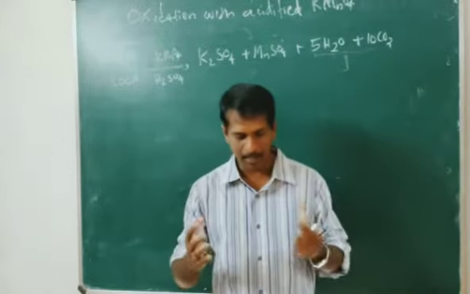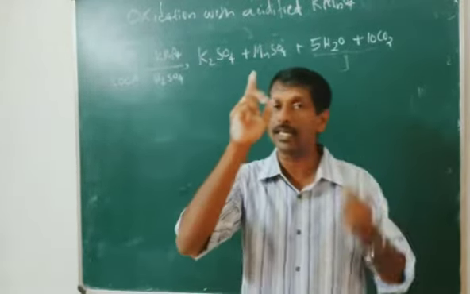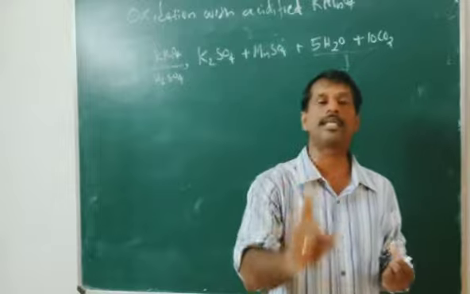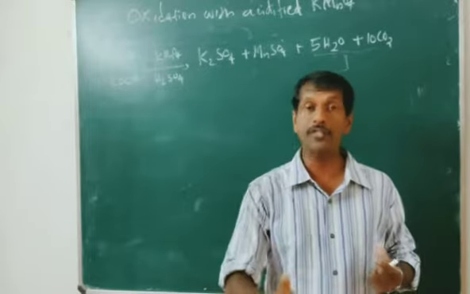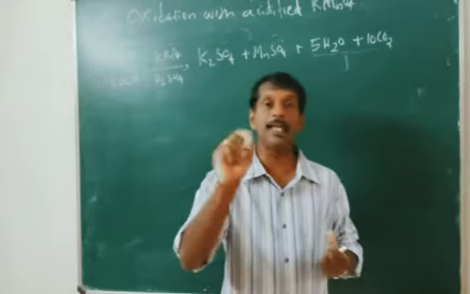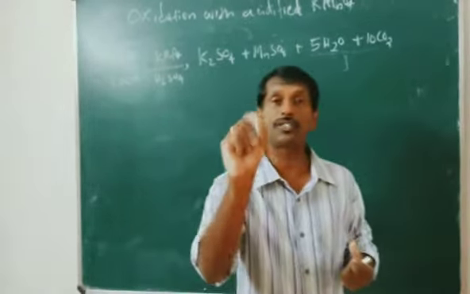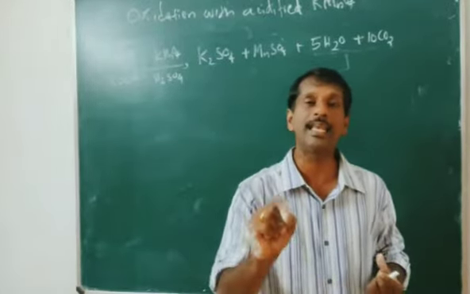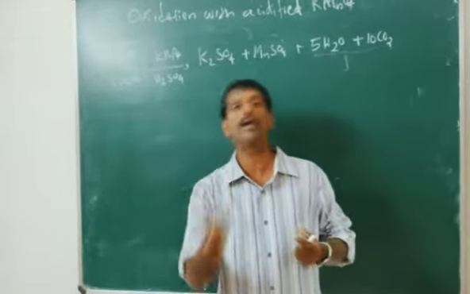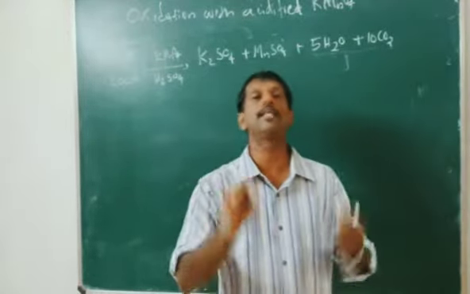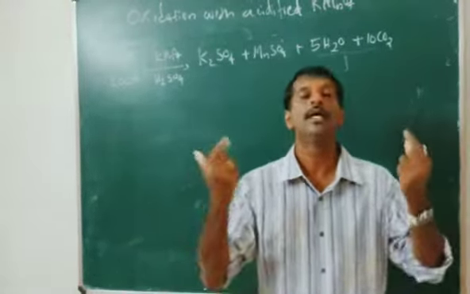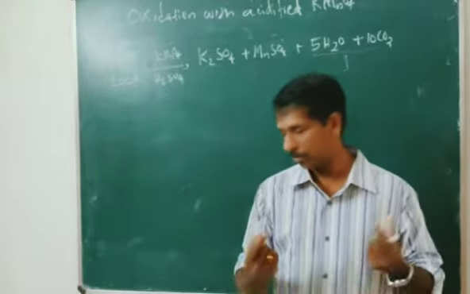So keep it in mind, oxalic acid can decolorize KMnO4. This is the basis of estimation of oxalic acid using standard KMnO4 and vice versa, estimation of KMnO4 using standard oxalic acid in the presence of dilute H2SO4. Okay, so this is important.